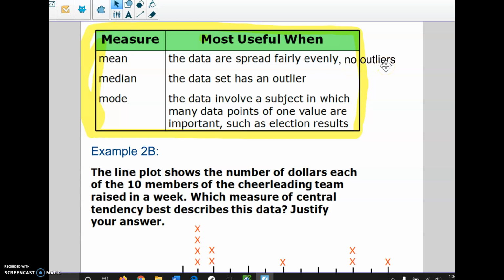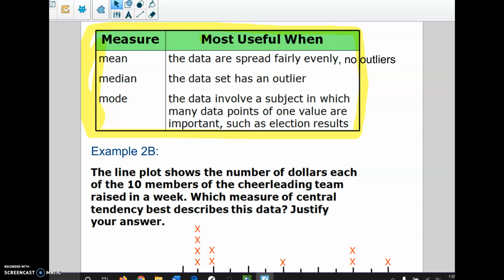And I'll explain what an outlier is in a second. The median is the best if there is an outlier. And the mode is the best if they're trying to figure out what shows up the most, like an election result, who got the most votes.